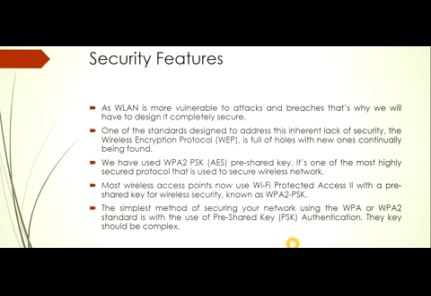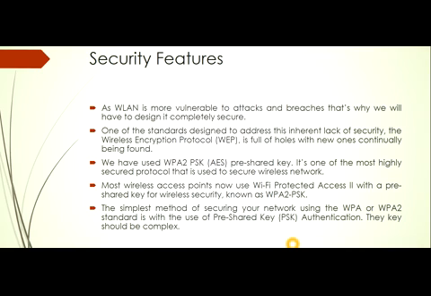Most wireless access points now use Wi-Fi Protected Access 2 with a pre-shared key for wireless security, known as WPA2 PSK. It is the simplest method of securing your network using the WPA or WPA2 standard, in which pre-shared key authentication is used, and the key should be complex.